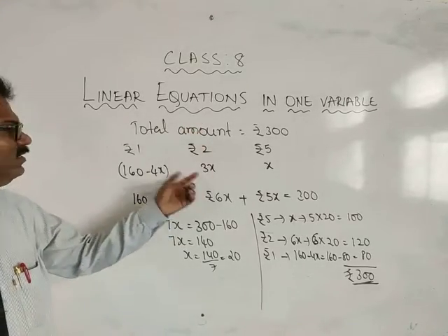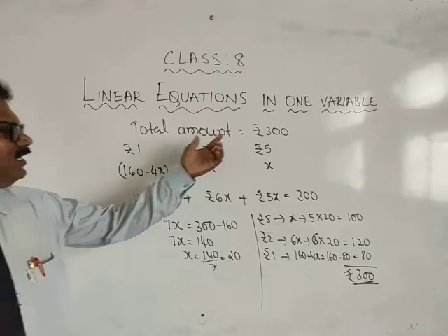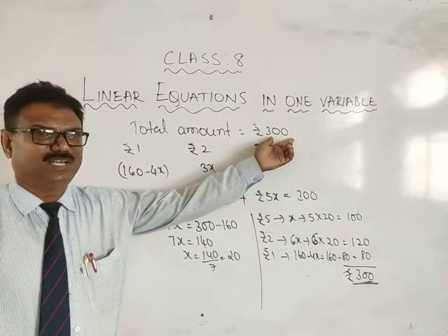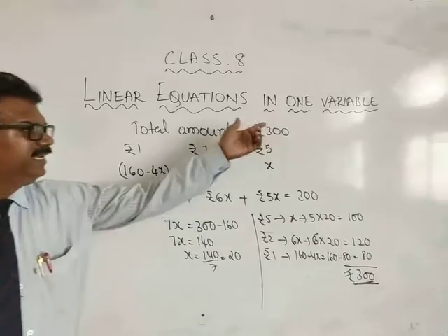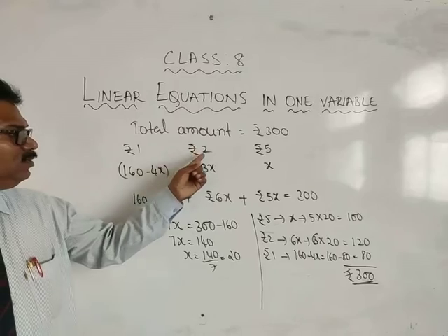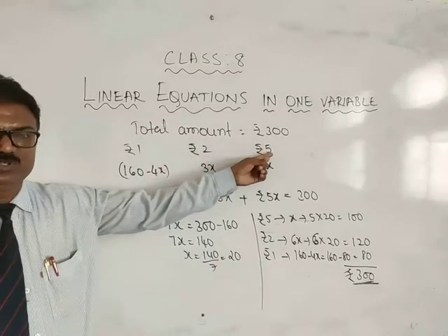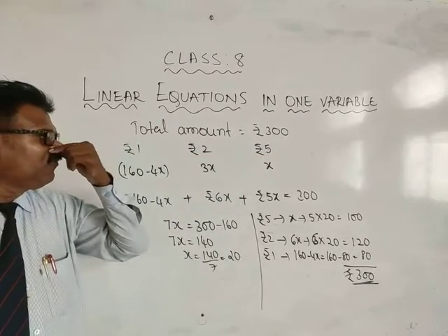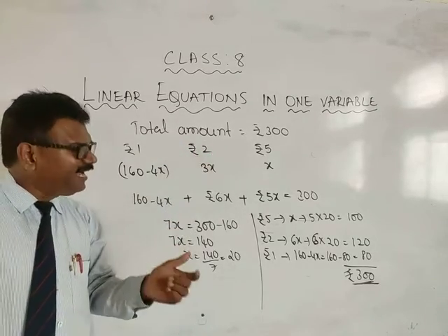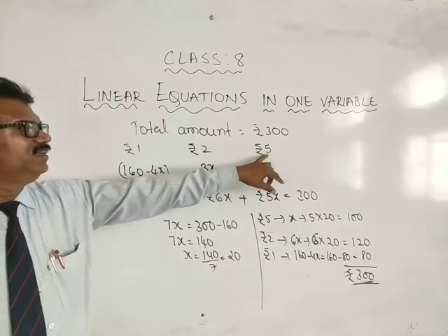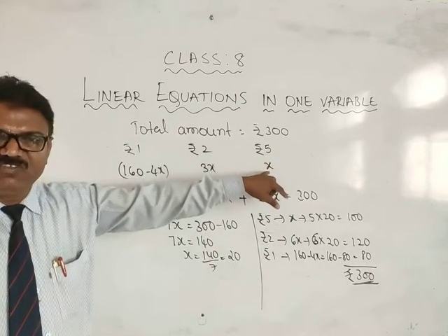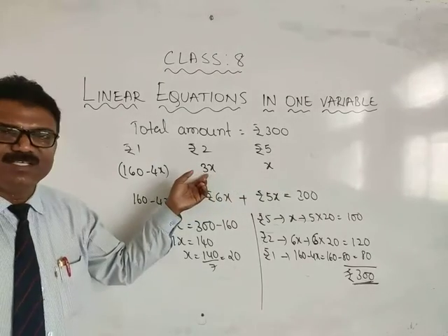Do you understand? One more time you can see, the total amount with a person is 300 rupees. His denominations are 1 rupee, 2 rupees and 5 rupees coins. The number of 2 rupees coins is 3 times the 5 rupees coins. Therefore, this will be x and this will be 3x.